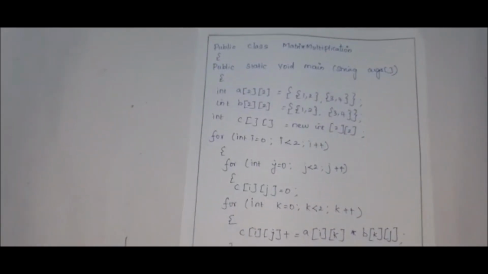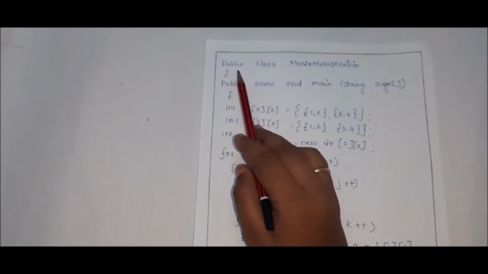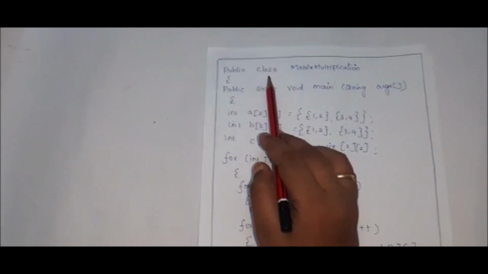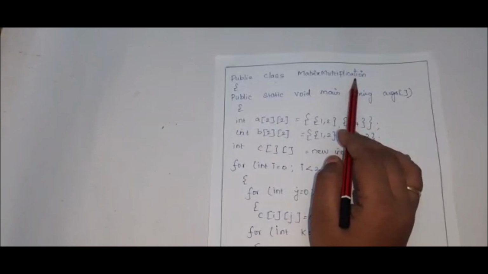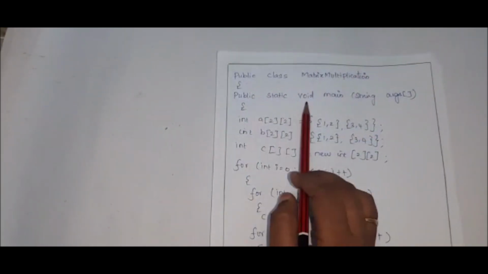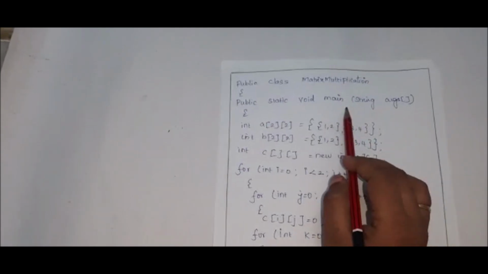This is the program to multiply two matrices using Java. First, we need to declare a class using the keyword class, and MatrixMultiplication is the class name. Then we need to define the public static void main function.